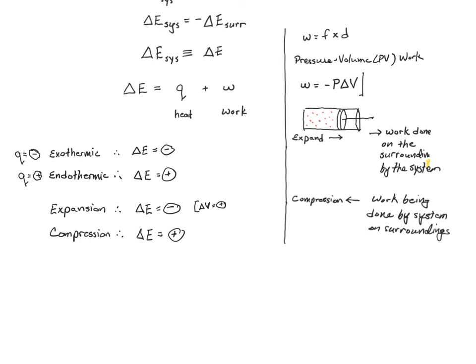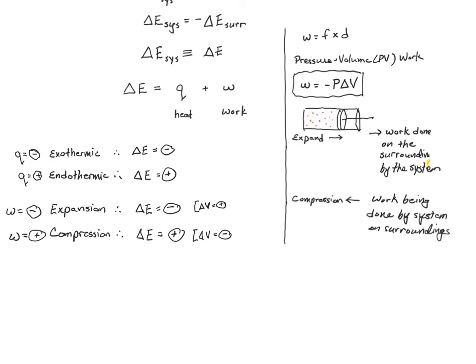When we come back to this equation up here, you can see that delta V, when it's positive, multiplied by pressure, which is always positive, multiplied by a negative, will be negative. So when we have expansion, work is a negative value. Then if we have compression, the change in volume is going to be negative, and in that case, work will be positive.